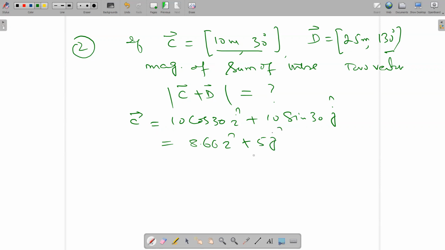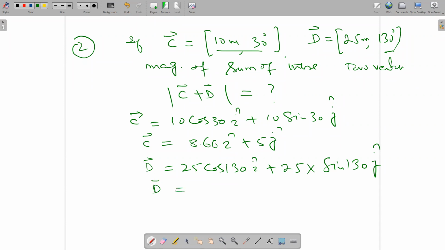So our answer for vector C is 8.66i plus 5j. Then you can write the D vector: 25 cos 130 i plus 25 sine 130 j. When you solve this one with the help of the calculator, cos in the second quadrant is negative, so the answer will be negative.